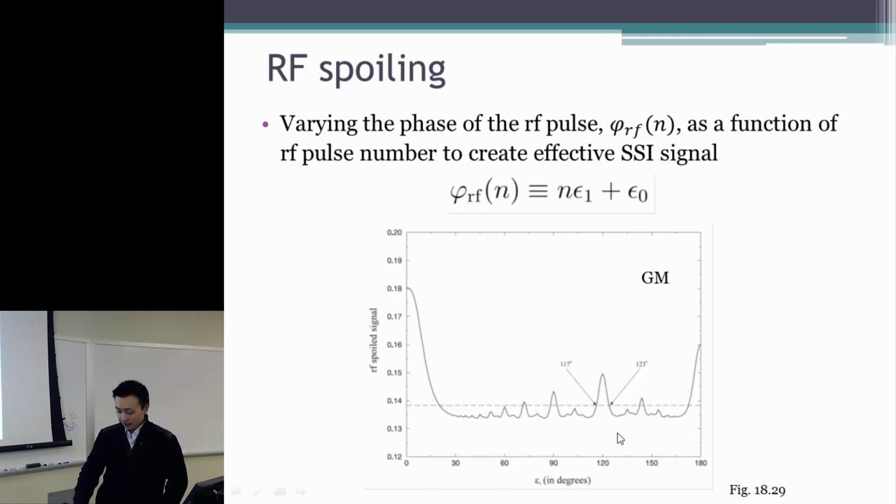So if we change the RF pulse phase by these numbers, we can get a signal that behaves very similar to the SSI signal. This is the basic idea of RF spoiling.